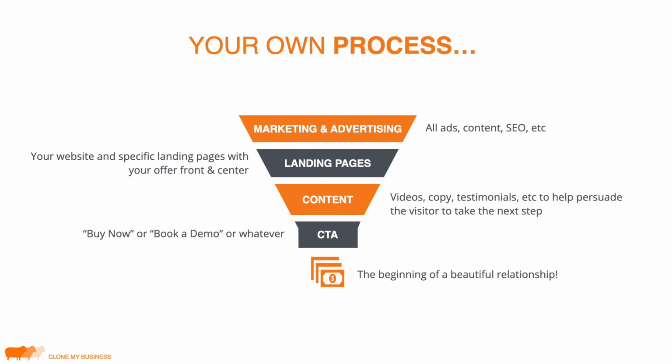That leads to your content, so that's videos, copy, testimonials, everything that you have to persuade the visitor to take the next step, which is that CTA, call to action, whether it's a buy now button, a book a demo button, or just sign up, whatever you have as your call to action. And then, once that happens, the money is made, and that's the beginning of a beautiful friendship.